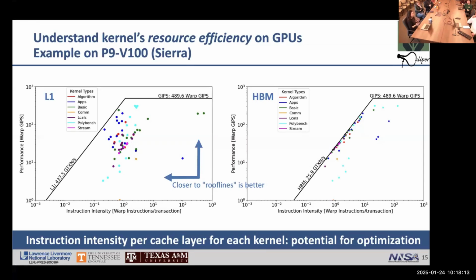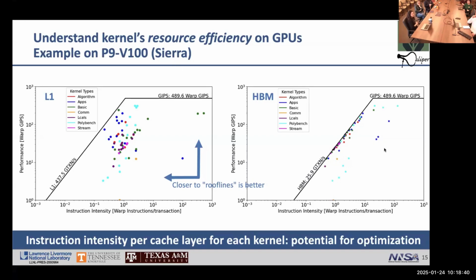What to note here is that the closer the kernel is plotted to the roof lines, the better we're utilizing that particular hardware. We can see here the L1 cache is a little bit less, we can't optimize for that as much as we did for the HBM level.